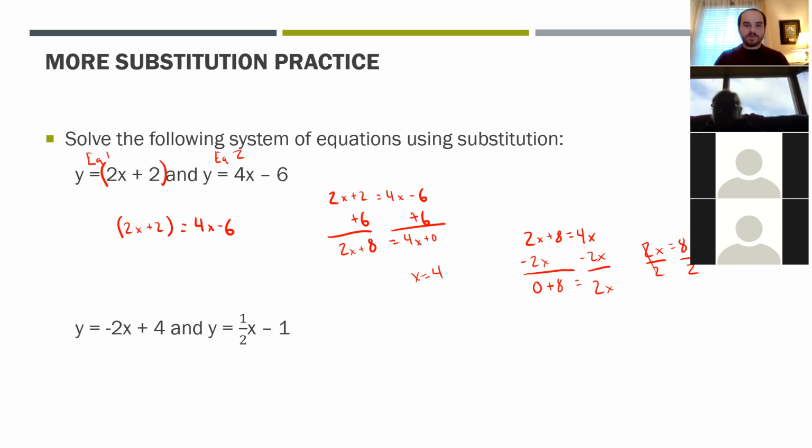Okay. Now that we know what our x value is, we got to plug it into either one of our two equations. So do you guys want to do equation 1 or equation 2? Equation 1. All right, good call. I like that one better too. So if we plug that into equation 1, we have y equals 2 times 4 plus 2. 2 times 4 is what?